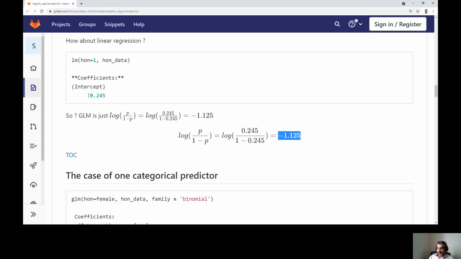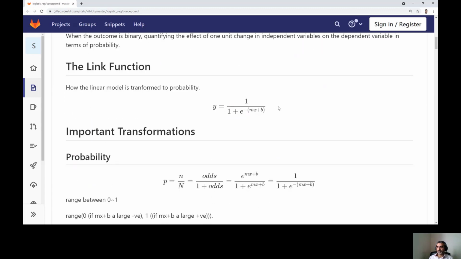But if you do simple regression with no independent variable but a vector of ones, we will get 0.245 as the estimate for W, and 0.245 is mx plus b. So mx plus b divided by 1 minus, we get the intercept, which is the log of odds. So both regression and logistic regression are connected through this equation as long as we are dealing with nominal variables.